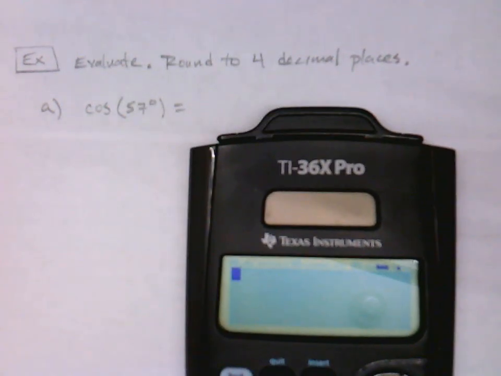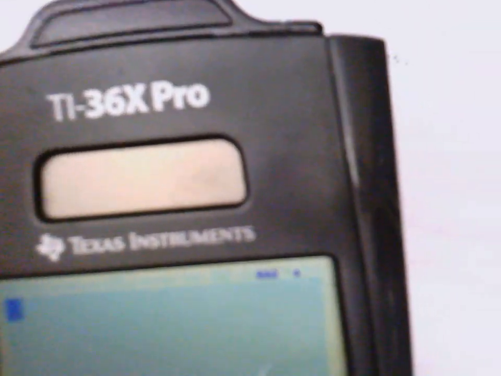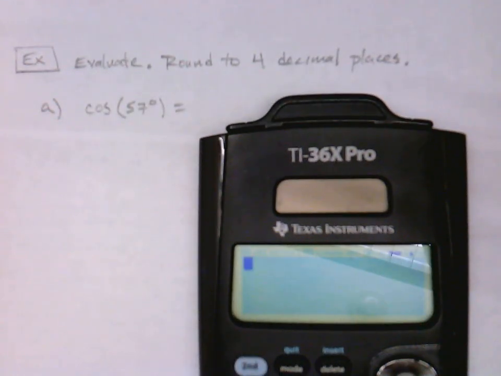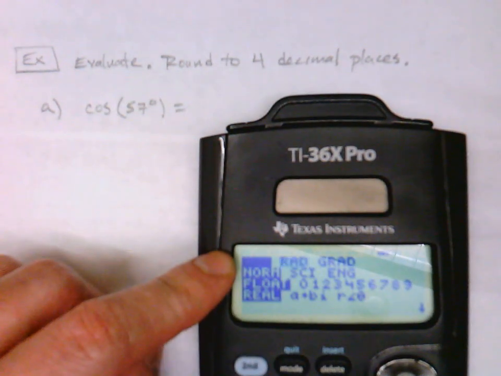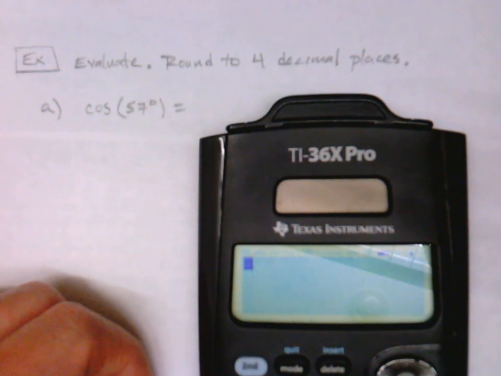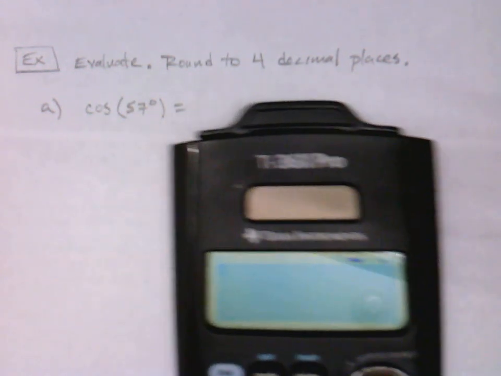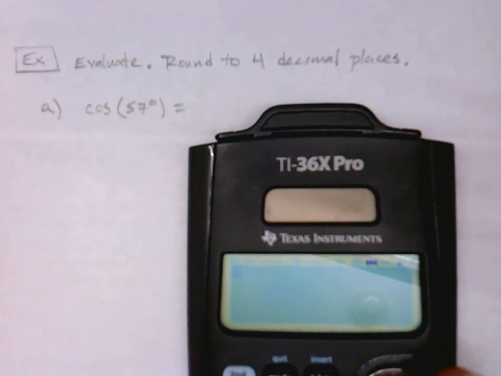If you're using this one, it tells you up there, it's very tiny, and it's super blurry. That says RAD, radians. You can change that by hitting mode on this calculator, switching it to degrees. And now I see degree right there. Any scientific calculator will have both radians and degrees. Typically it's in degrees as the default.